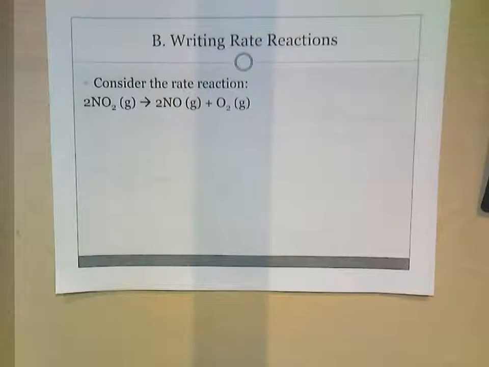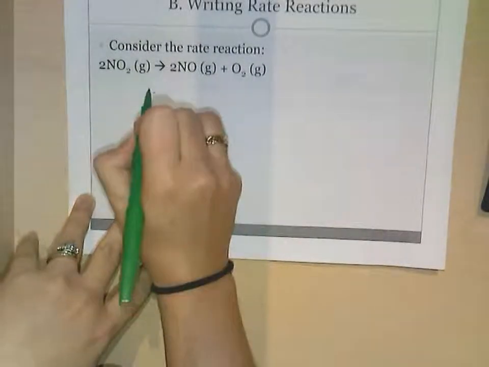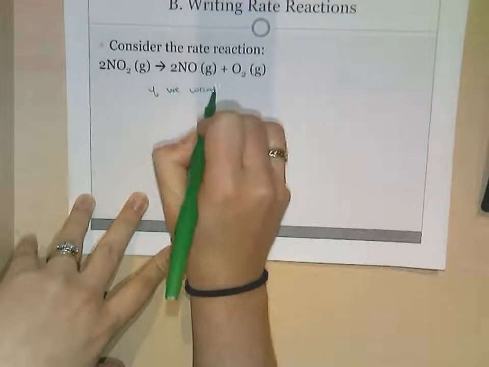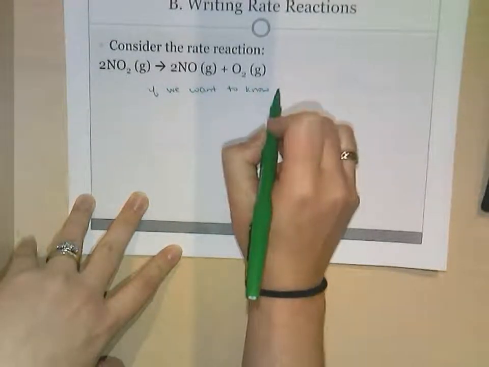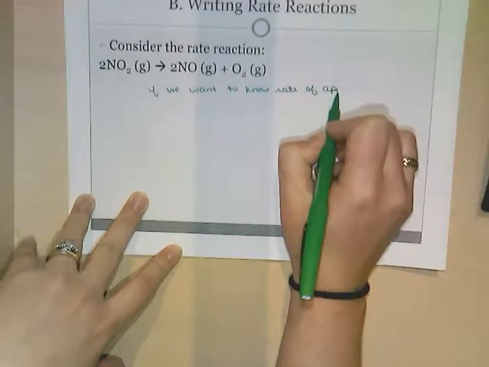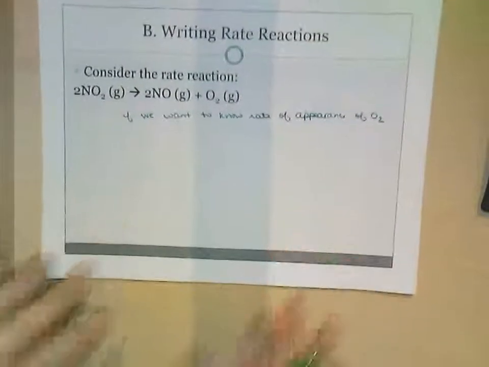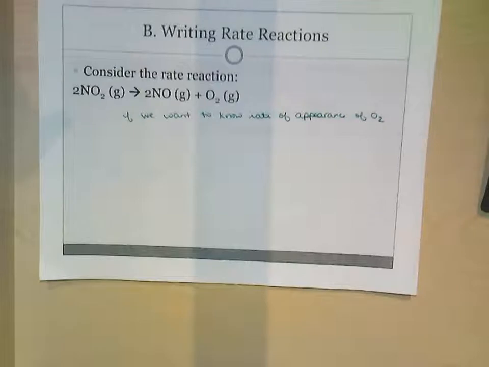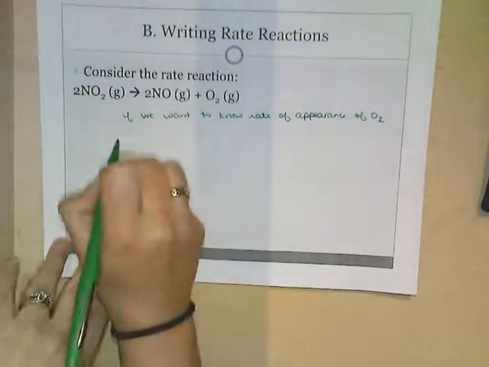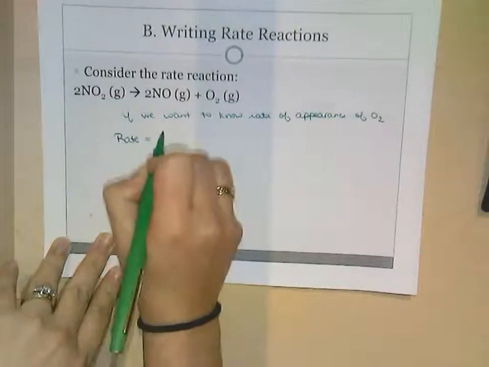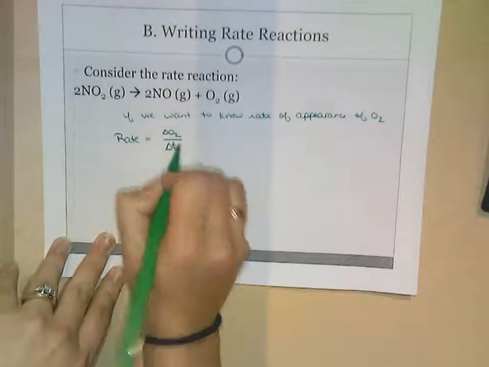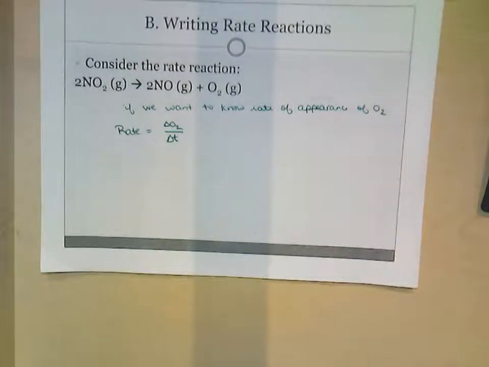All right, so where we left off last time, we were considering this reaction. So we want to know the rate of appearance of oxygen. So using what we talked about on Wednesday, that would be the change in oxygen concentration over the change in whatever time period we're looking at.